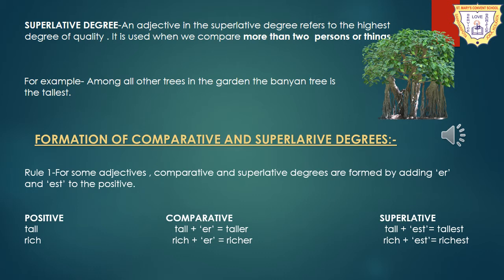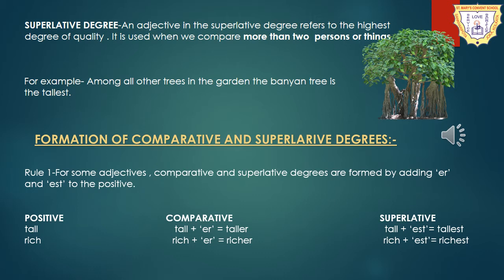So for the comparative degree, we add er to the positive degree of adjective, and for the superlative form, we add est.